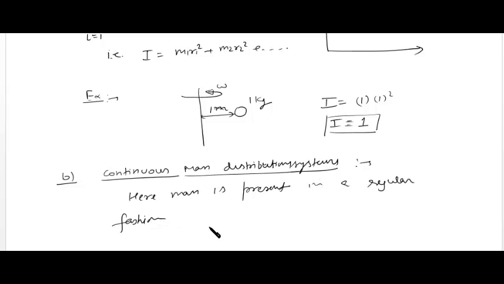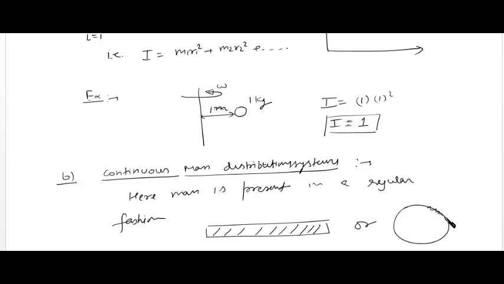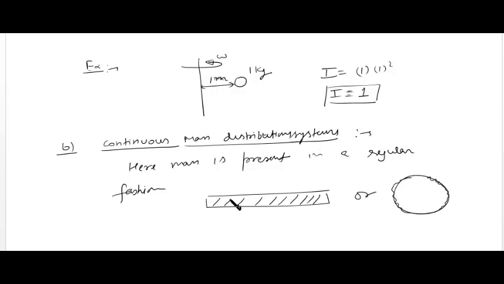Like if I talk about this rod, then mass is present everywhere on this rod. Similarly, if I talk of some ring, then mass is present everywhere on the periphery of the ring. This way we can define continuous mass systems. In the next video, we'll be dealing with the calculation of moment of inertia of continuous mass distributions.